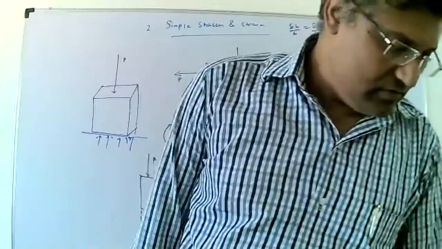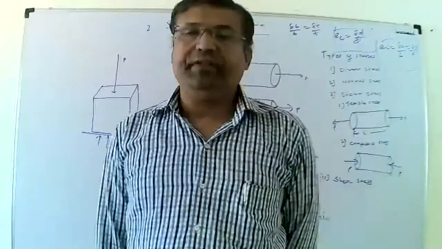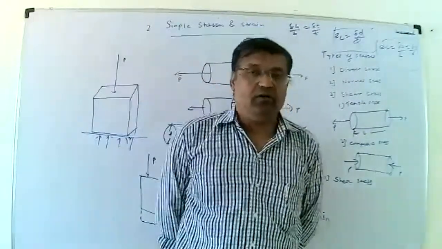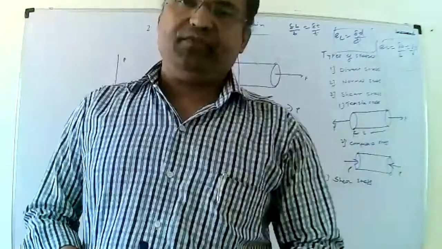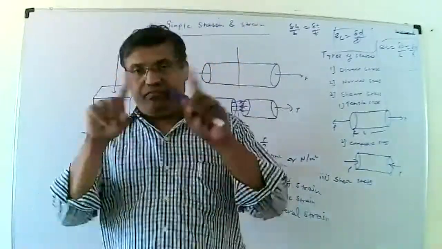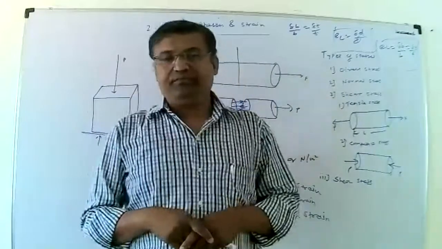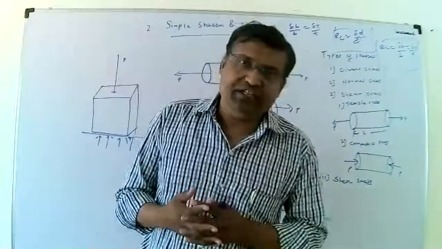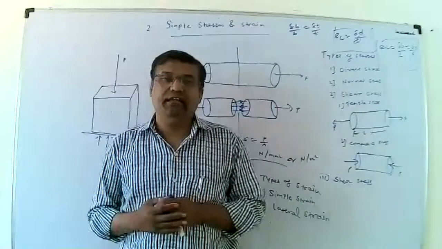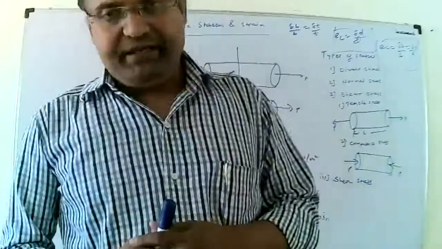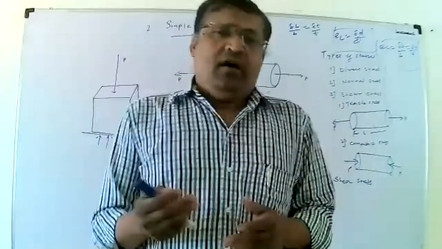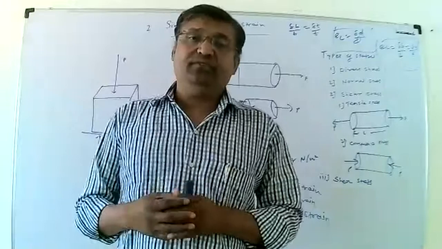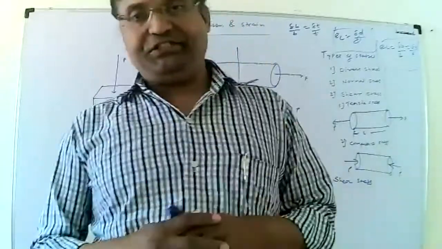Next is volumetric strain, the change in volume to the original volume. If the body is in cubic form, you know that the volume of any cubic section is L into B into T, or H. The product of the three quantities gives the volume of that section.